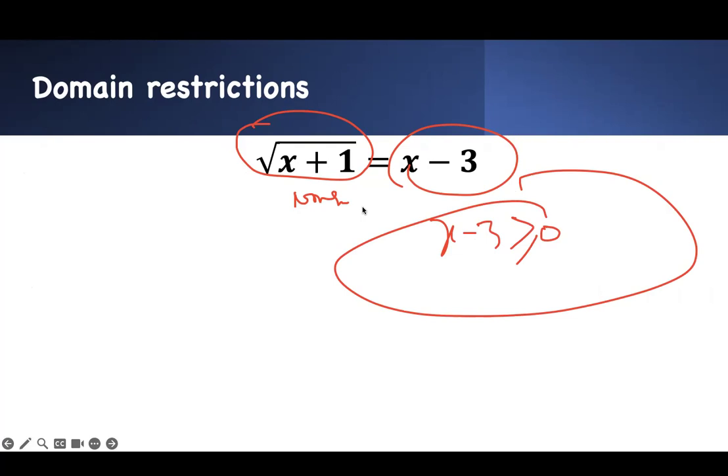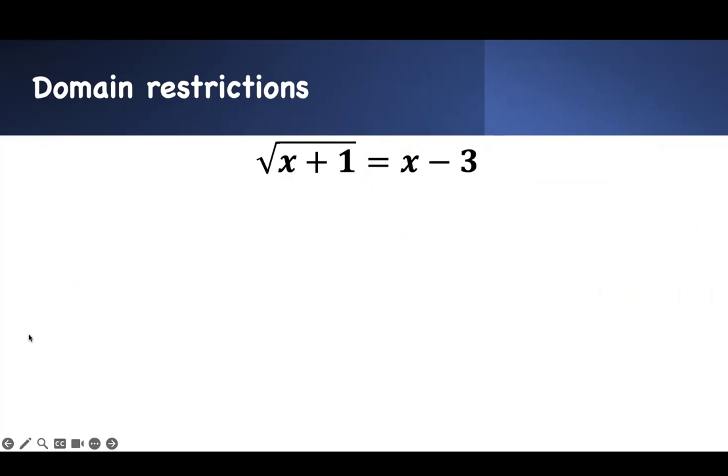This is very important because most students will keep 2 answers and they get into trouble. You're going to get 2 answers, but you've got to satisfy the equation. A non-true answer, we call it domain restriction. That's another trap you should be familiar with.